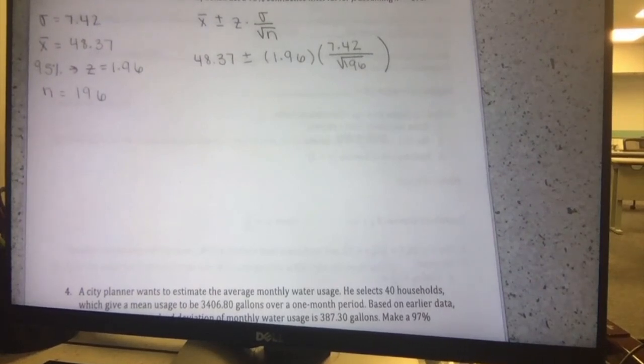Just like before, I want to find the lower boundary by subtracting our error and the upper boundary by adding our error.